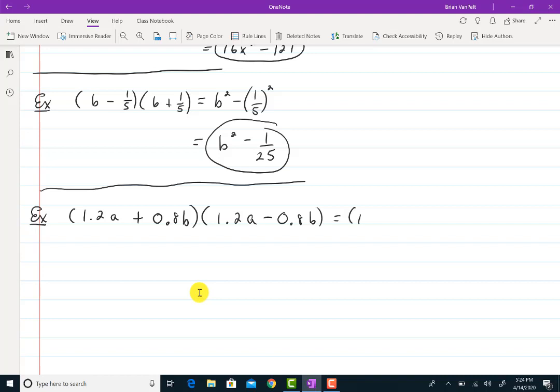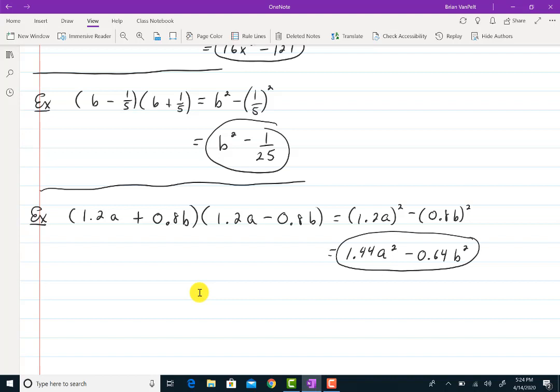I'll have 1.2a squared minus 0.8b squared. 1.2 squared is 1.44. 0.8 squared is 0.64. And there you go. So difference of squares, pretty easy one. Most people enjoy that one.